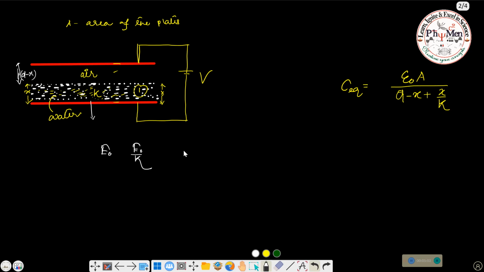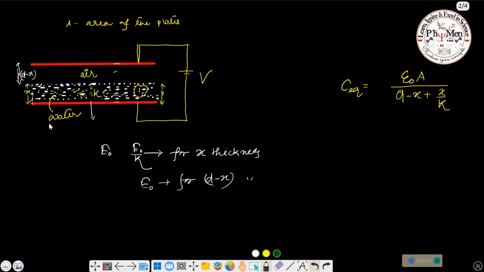So E0 by K is the electric field for x thickness, and E naught is the electric field for d minus x thickness, because the gap between the two parallel plates of the capacitor is d. Now what will be the potential difference?